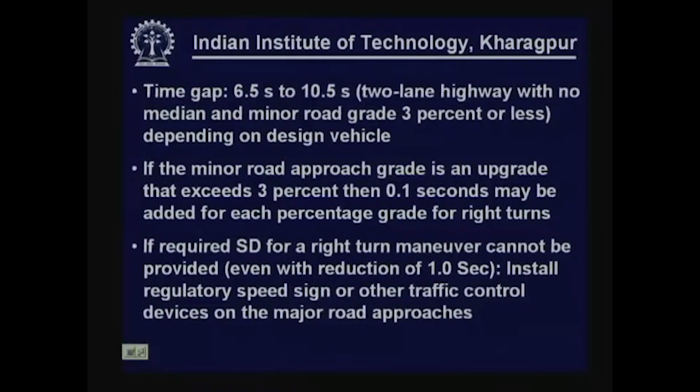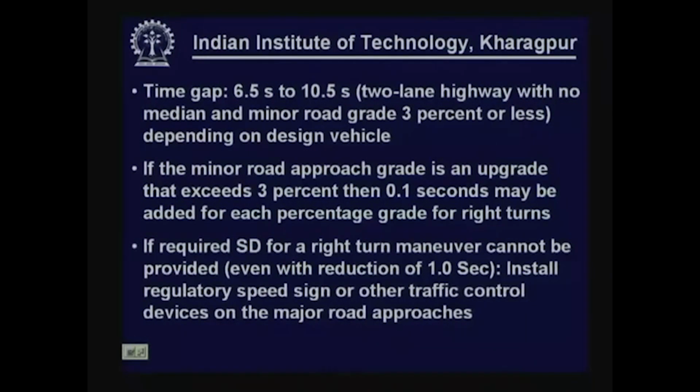So, in this case also, if the minor road approach grade exceeds 3%, then AASHTO recommends that 0.1 seconds may be added for each percentage grade for right turns.